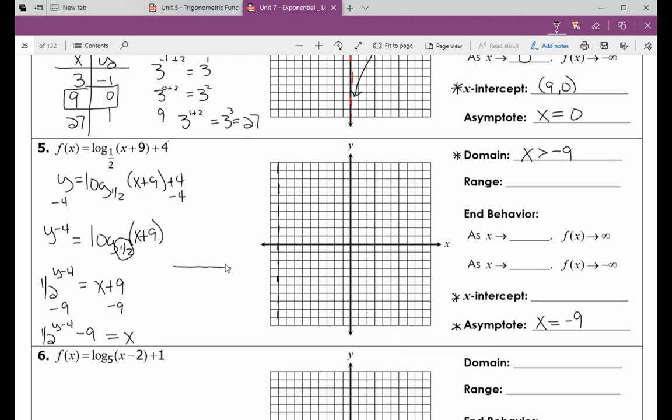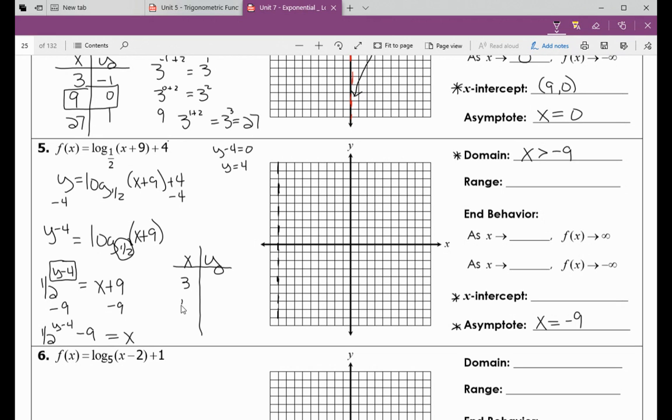Now I'm going to make a table, but this time I'm going to change my table just a little bit, because -1, 0, and 1 is not going to give me a good picture of what this graph is supposed to look like. So I'm going to build my table around my exponent. I'm going to take my exponent, y minus 4, and set it to 0, and build my table around y minus 4.